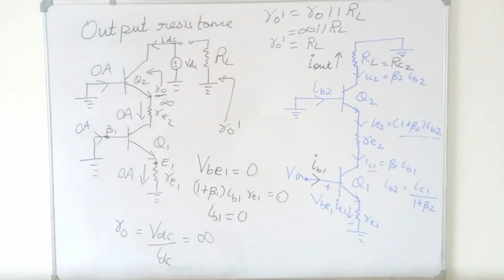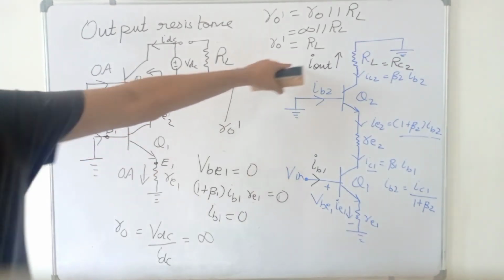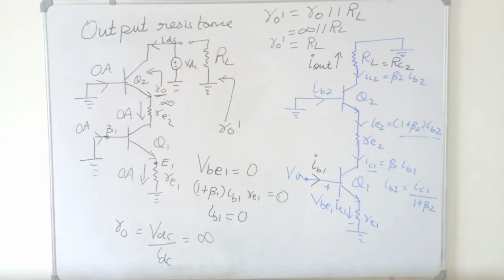Okay, so in this way we can find the output resistance as well. The internal output resistance is actually infinity, and the total output resistance is equal to RL. So this was the complete analysis of the cascode amplifier.